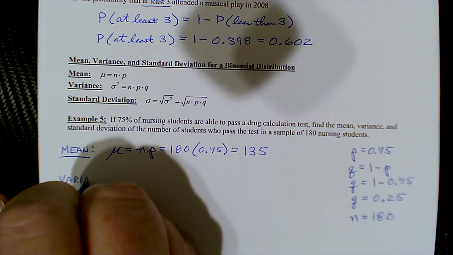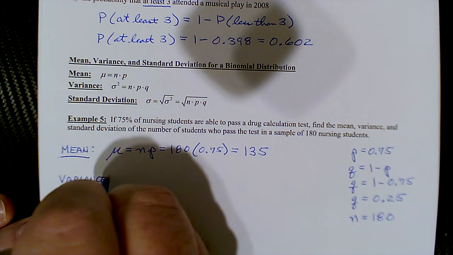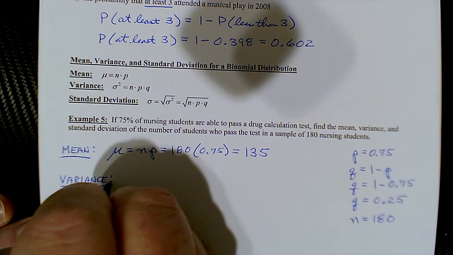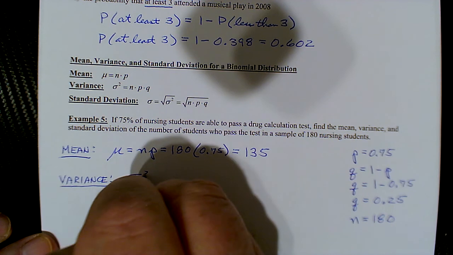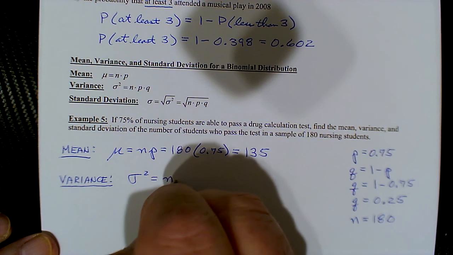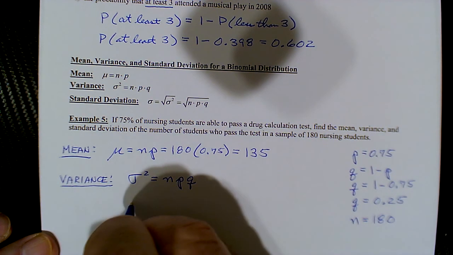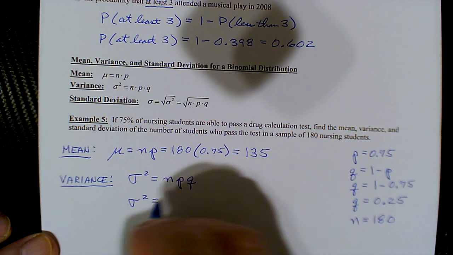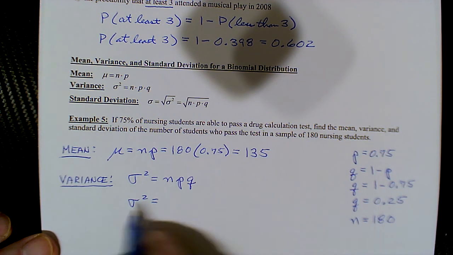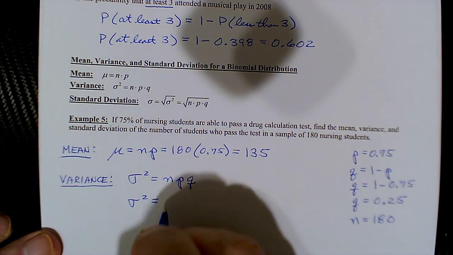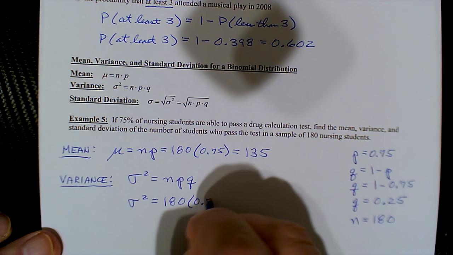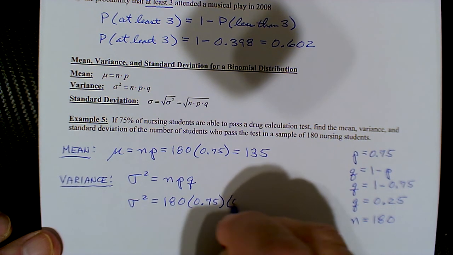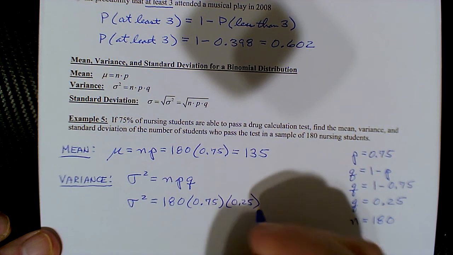Variance, always easiest just to find the variance and then square root for standard deviation. So sigma squared is npq. You could actually just take the result of the mean and multiply it by q to get this variance. But if you want to show it literally, 180 times p, which is 0.75, times q, which is 0.25.